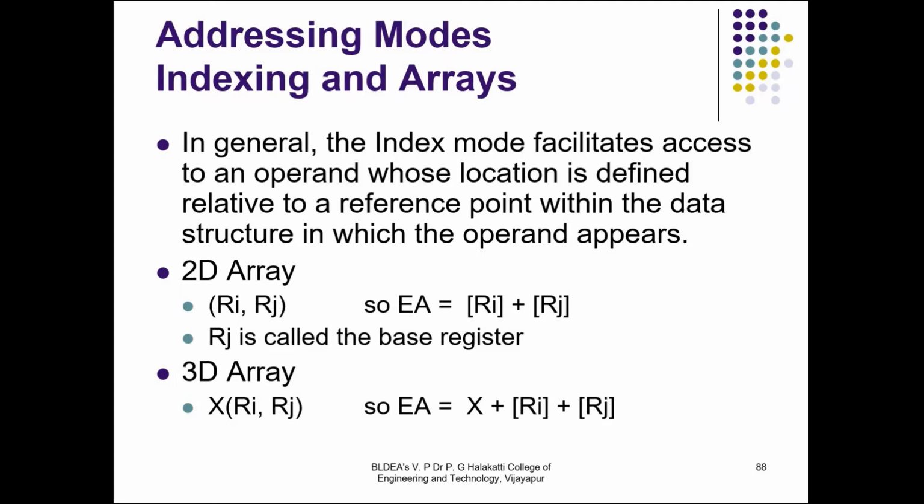Similarly, for a three-dimensional array, it will be written as X(Ri, Rj), so that the effective address is equal to X plus the content of Ri plus the content of Rj. It means that with respect to a reference point, we access the data with the help of the offset.